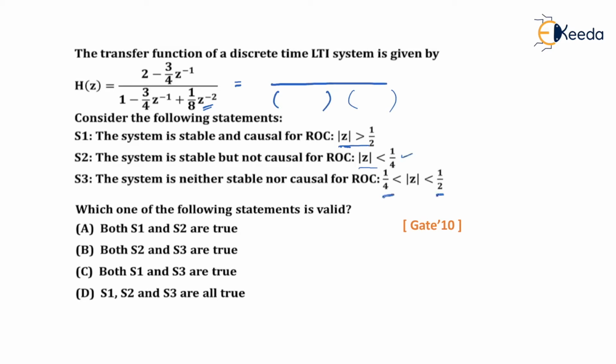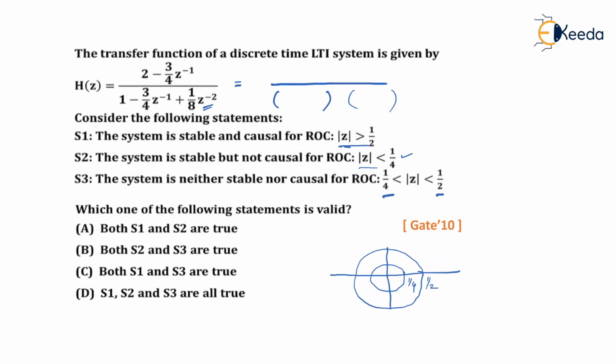Let us concentrate on 1 by 4 and 1 by 2 first. We don't know their signs, but at least we know that there will be two circles of radius 1 by 4 and radius 1 by 2. And of course there will be one more circle, called the unit circle.